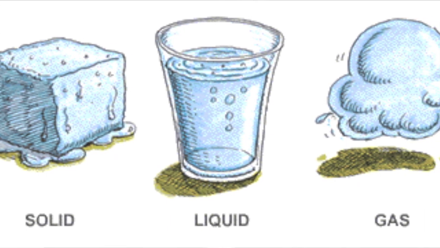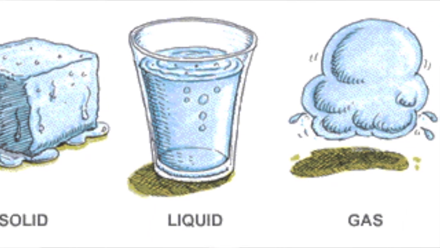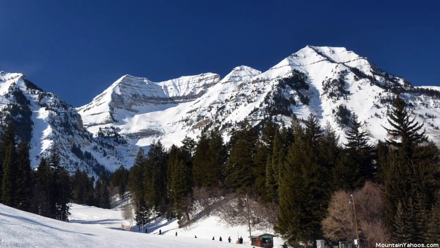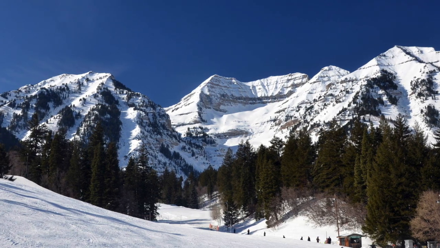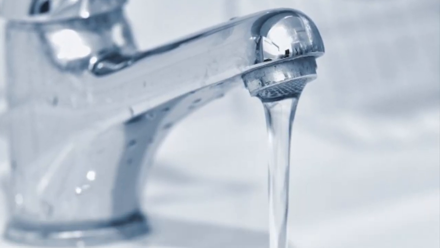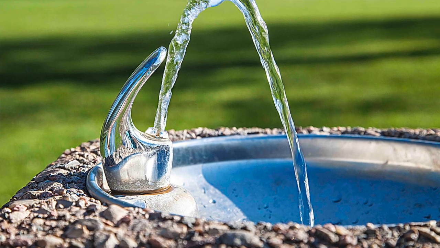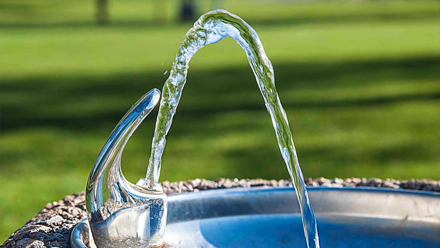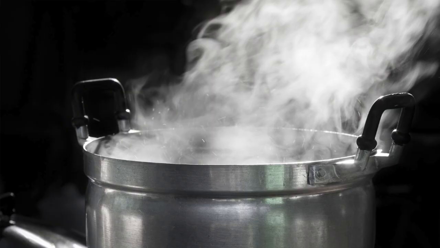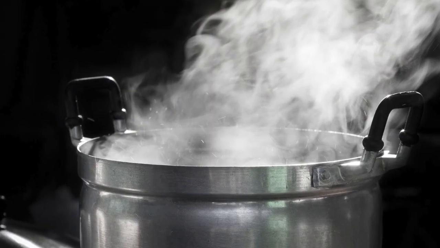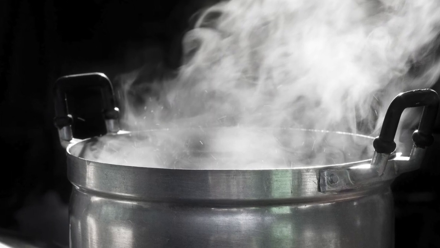So providing examples of where water would be solid, such as ice in Antarctica or snow on the mountains, water in liquid state, so running out of a faucet or drinking it out of a water fountain or in a swimming pool, and then also water as a gas, which you could do steam coming off of the pot on the stove, other examples, but visual so that she can see them.